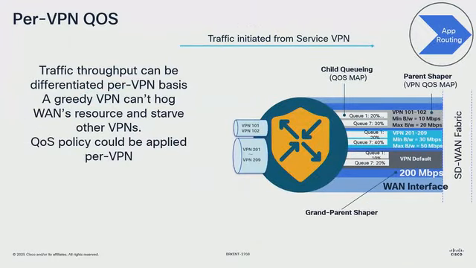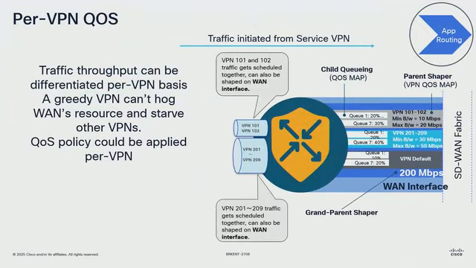And then we also have the ability to do shaping inside the tunnel on what we call a per VPN basis. Now, this was a confusing term for me when I learned it, so I'm going to go slow here. Pre-Viptela, the term VPN just meant virtual private network, and if you had a connection between 2 sites that was encrypted over the internet, we called that a VPN, right?